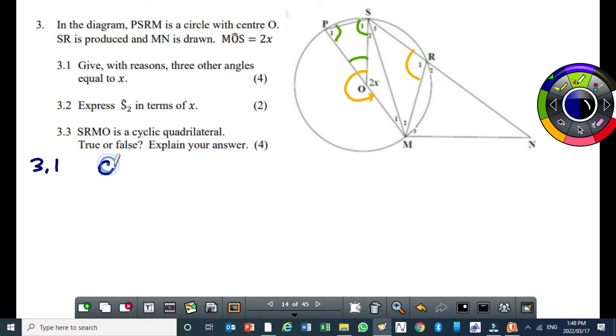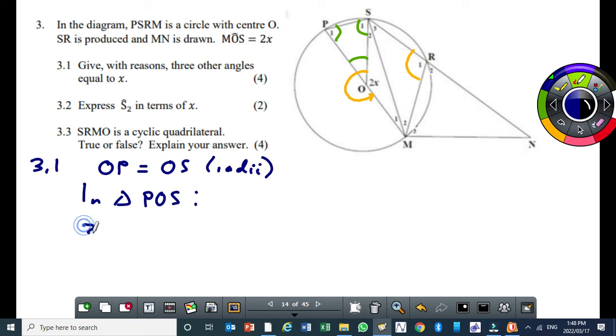So I'll start by saying OP is equal to OS, and these two are radii. Then I'll say in triangle POS, 2x is an exterior angle.